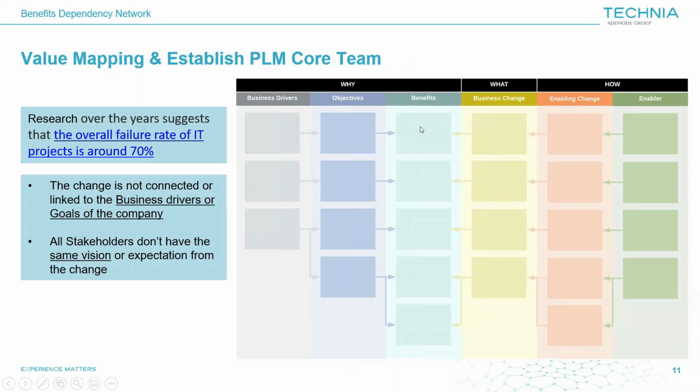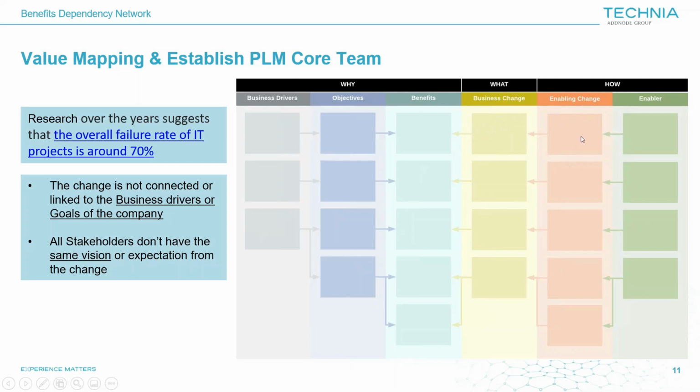So all these with your stakeholders from different functions, you should gather actually in business value assessment. Once you do that, once you align all your stakeholders that this is our driver, this is our objective, these are the benefits that we would like to gain, then the next step is what kind of business change we should introduce to gain these benefits, and what are the enablers we need actually.